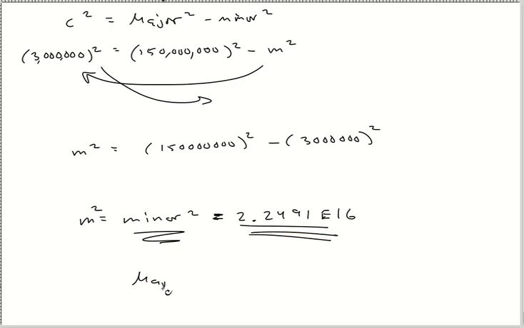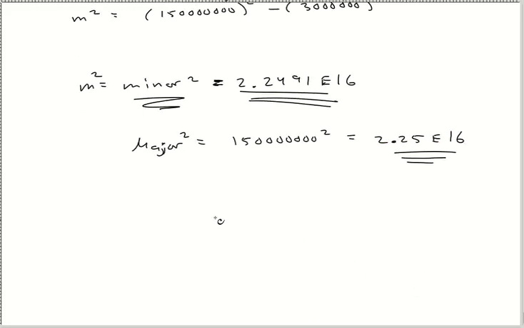My major, if I want scientific notation, is, hold on, actually I need major squared. Major squared is the 150,000,000 all squared, which ends up being 2.25e to the 16. Whew. And so, put together, we've got x squared over my major squared, because it was an x major if you go back, plus y squared over the minor squared, y minor.